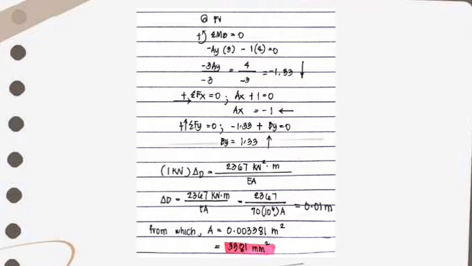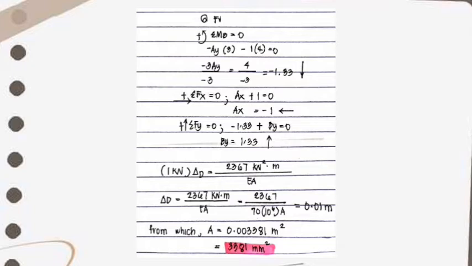So 1 kN is equal to 2,367 kN squared m over EA. Then delta D is equal to 2,367 kN m over EA.